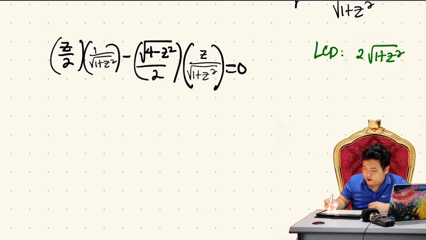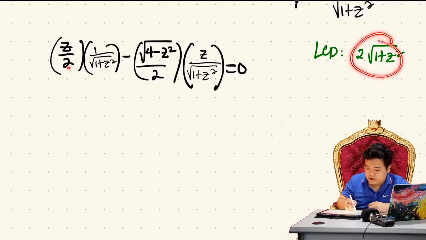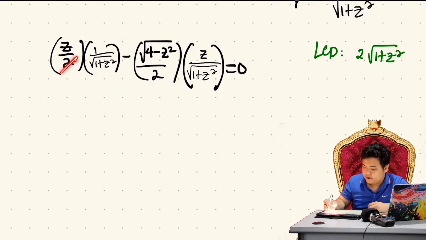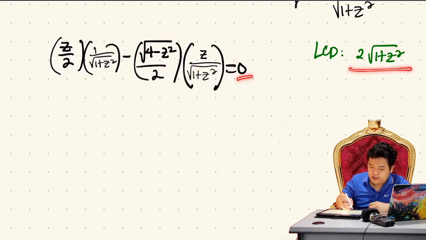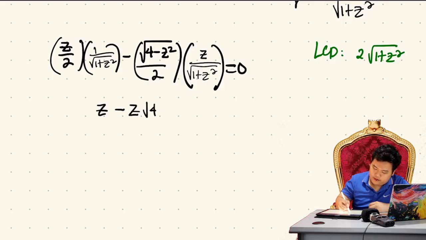So, this times this, cancel yon. This times this, cancel yon. 0 times the LCD is 0. So, we are left with z minus z square root of 4 minus z square equal to 0.